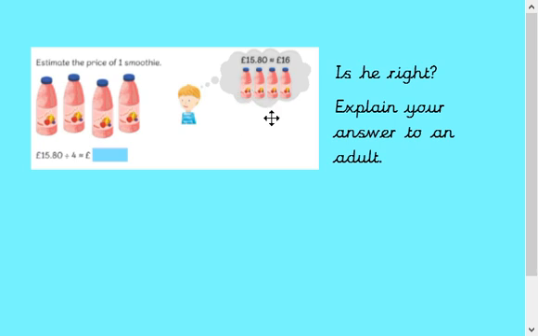And if £16 is what 4 of them would be as an estimate, then one of them is 16 divided by 4, which is £4. So you round the first number up to £16, and then you divide it by 4 to find 1.